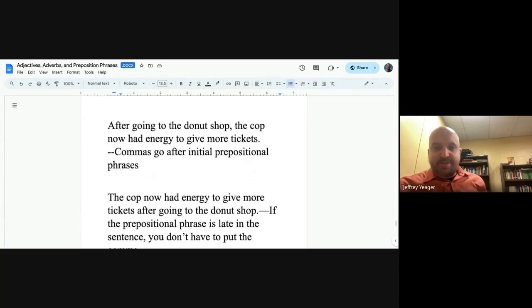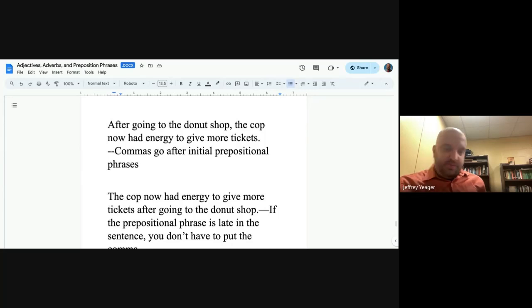If you wrote that same sentence, but you flipped the preposition phrase to the end, the cop now had energy to give more tickets after going to the donut shop. Well, if you notice the way that I read it out loud, after going to the donut shop in the second one, I didn't pause.